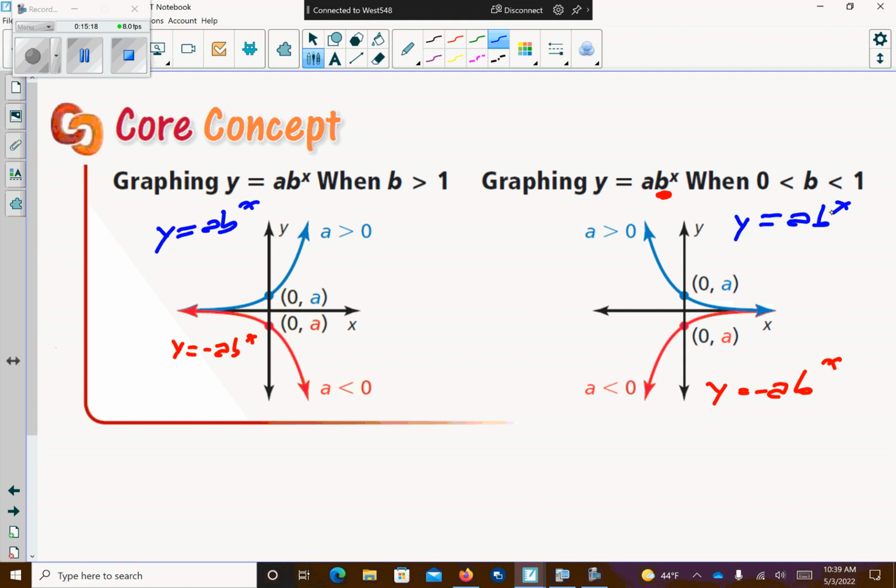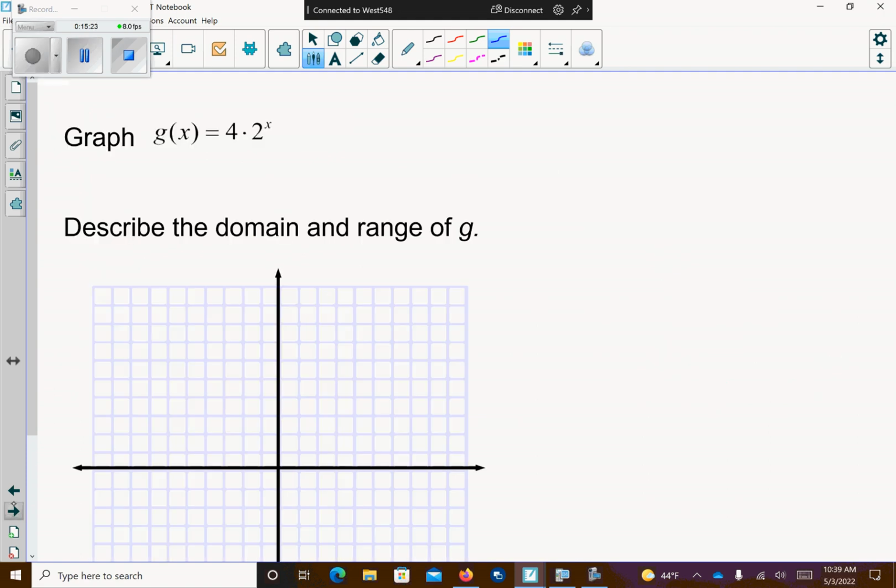All right, so let's play with some of these. So we have this first one. So what did we say was our y-intercept? 0, comma, what value? 0, comma, a. So what is my a value in this equation? 4. So 0, comma, 4. We go right here. Okay? Does everyone feel comfortable with that?